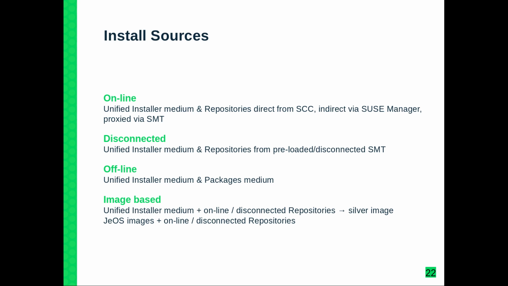We could do a disconnected install where we're using a preloaded SMT, which isn't connected to SCC. We could do what's called an offline install, where we just downloaded the ISO images for both the installer and all of the packages that are available. Or we could do an image-based install if we're deploying to some containerized or virtualized world. And we can do those as well, all from this installation medium.